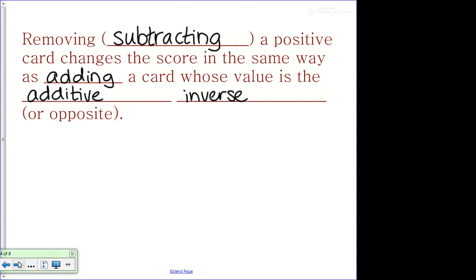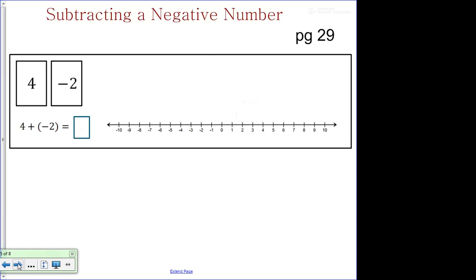And it works the same way when we want to subtract a negative number. So on page 29, you have another question here. This time it's 4 and a negative 2. Well, if I were to draw that diagram, draw my arrow 4 spaces to the right, 2 spaces to the left, I end at a positive 2. 4 plus negative 2 is 2. We've done this. We got this.